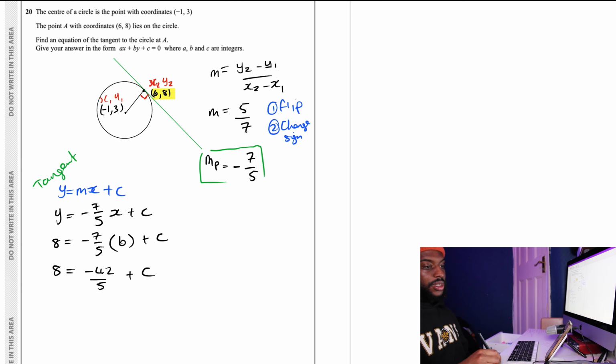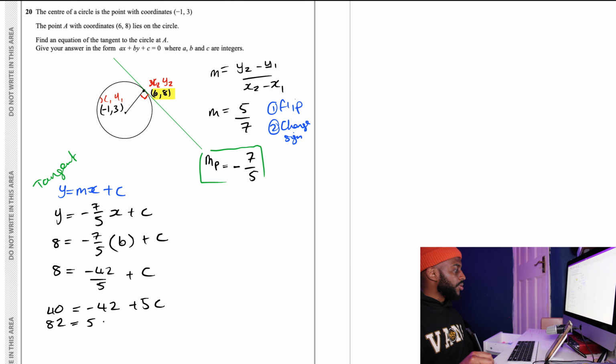So let's times everything by 5 to get rid of that 5 underneath there. So we end up with 40 equals minus 42 plus 5C. Then we have to move the 42 to the other side, so that becomes 82 once we've added it, equals 5C. We've got to divide that now by 5. So C equals 82 over 5.